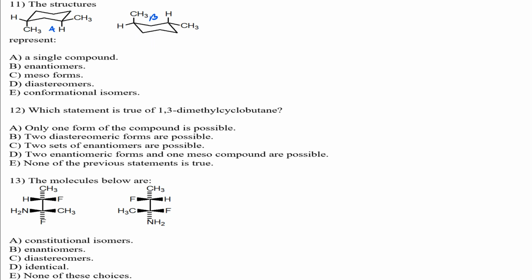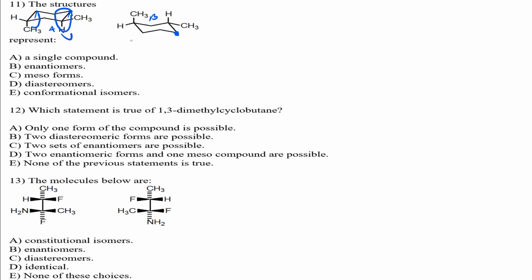Well, if I were to pinch this part right here and flip it over, this point that I pinched would be over here, and this guy would be flipped to that part, and this H would be flipped to that part. And see that H, which was down, is going to be up. This was up, that's going to be down. This was down, that's going to be up. This was up, that's going to be down.